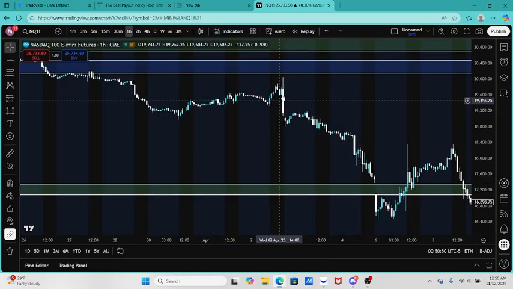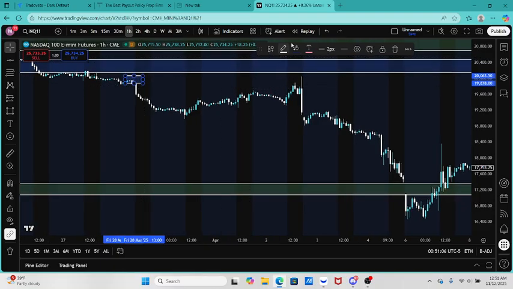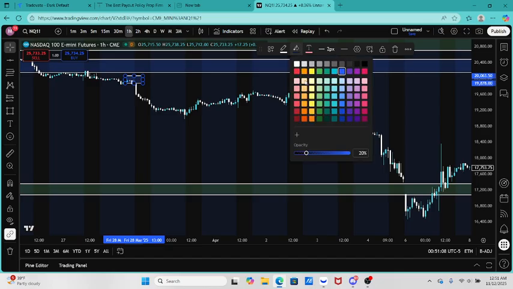Like right here, we came right back up, almost touched the gap, and there's always going to be multiple ways to enter. If you wanted to enter on this gap, but it didn't offer that, you could have looked right here and seen that we do actually have an order block. Let me change this color, not to get them confused.